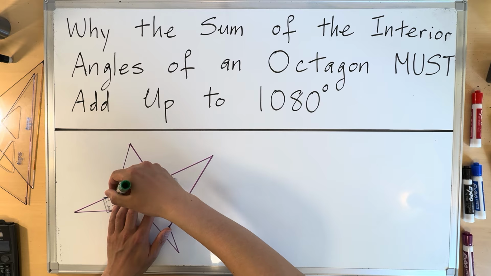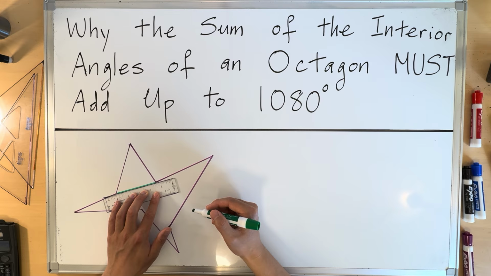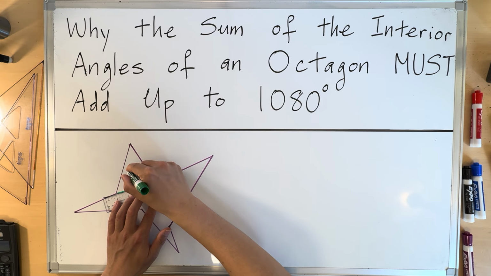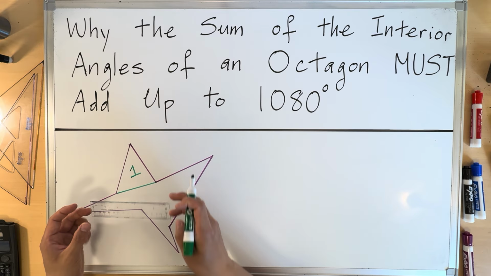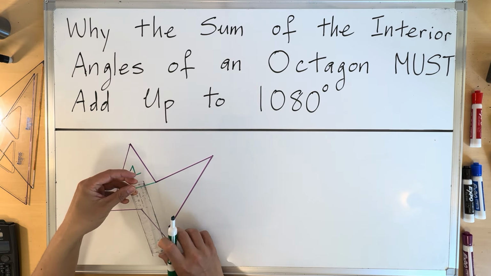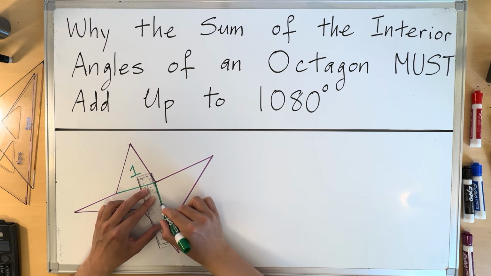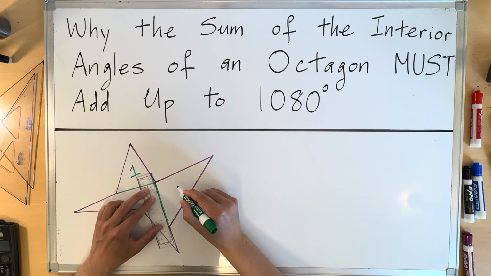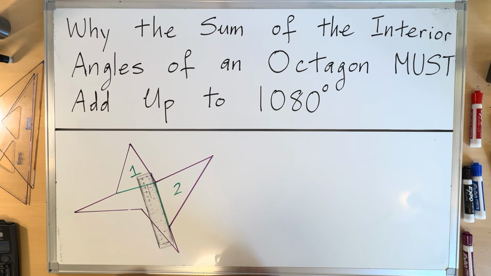So if I were to draw a line right here, then we're going to have one triangle right here. If I draw another line right here, we will have a second triangle right here.